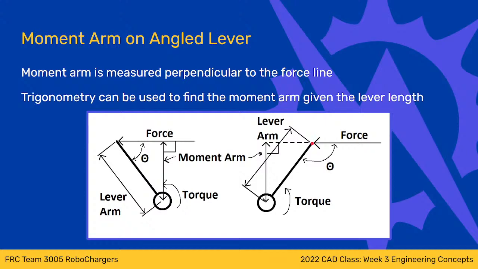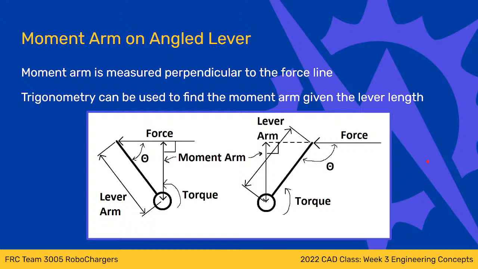If I take this line and stretch it way out long and lay it down super flat, making this line longer doesn't matter if this distance here doesn't change, right? If I make this line longer, but I'm still pushing it the same distance, the force line is still the same distance from the pivot, I'm still applying the same torque to the joint. And that's a very important thing to understand.